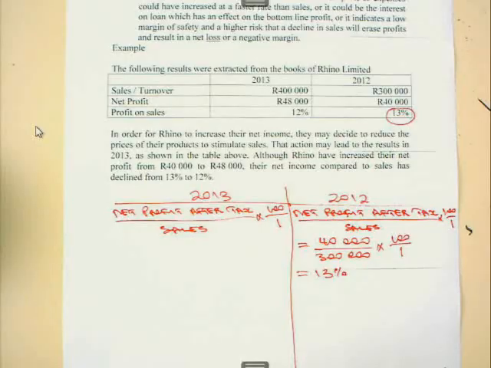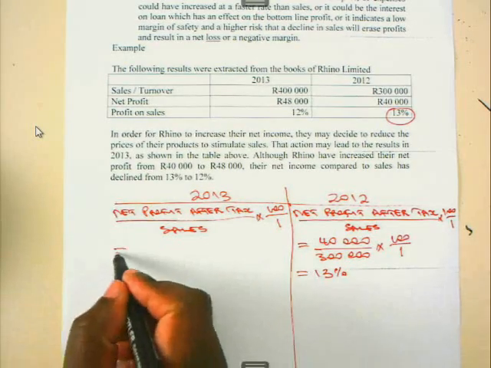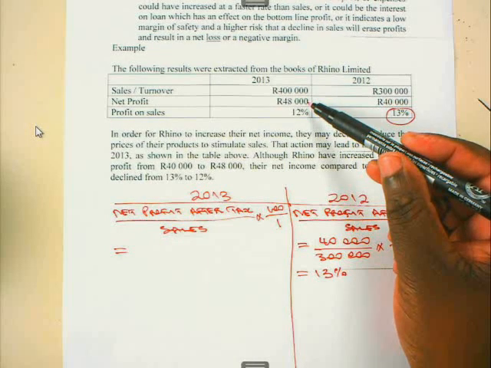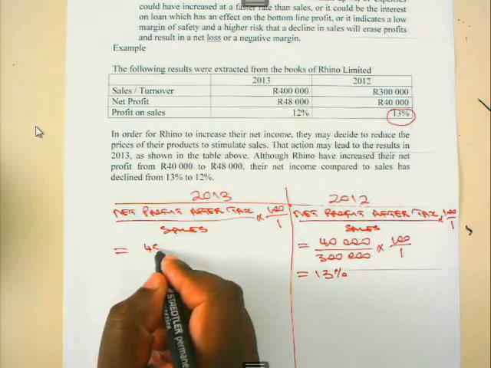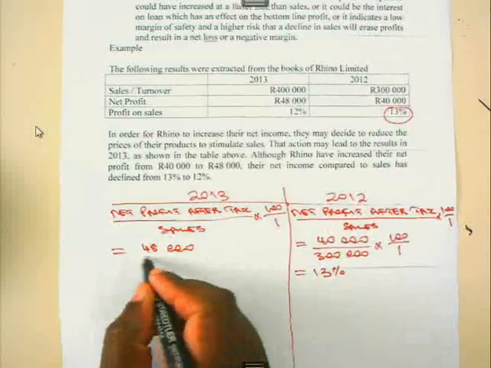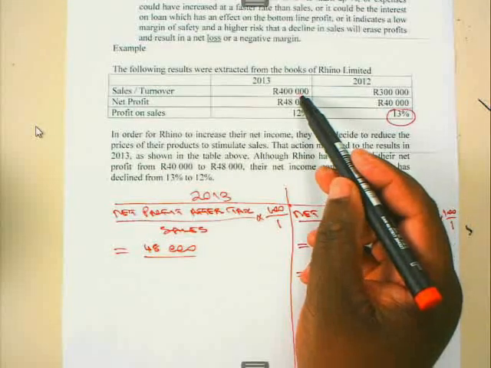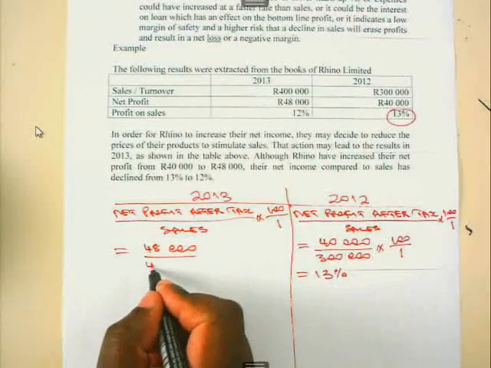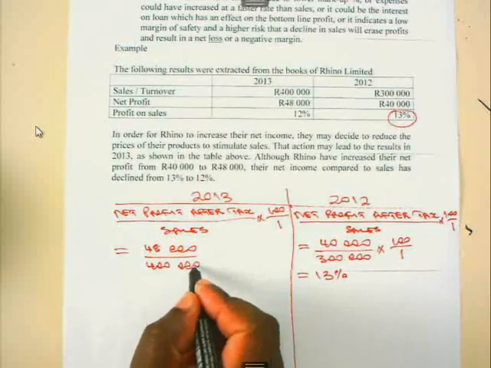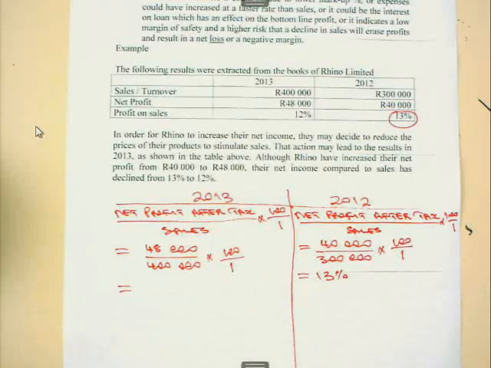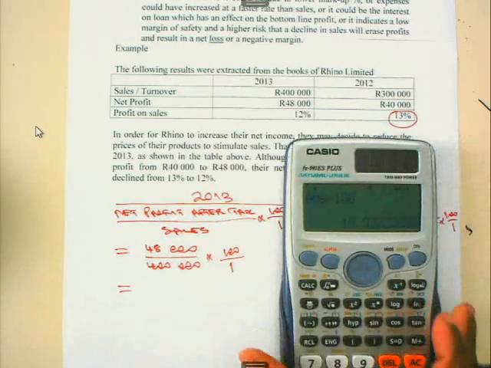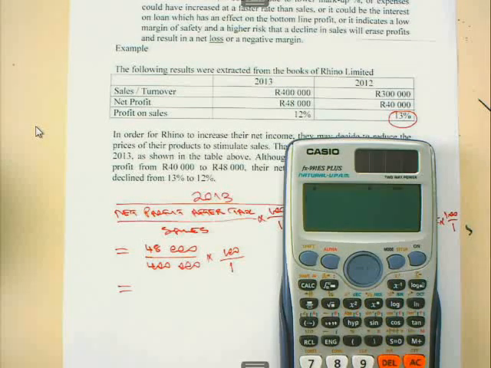Then for 2013, our net profit is 48,000. We divide by sales of 400,000 and multiply that by 100 over 1, which will be the net profit of 48,000 divided by sales of 400,000.